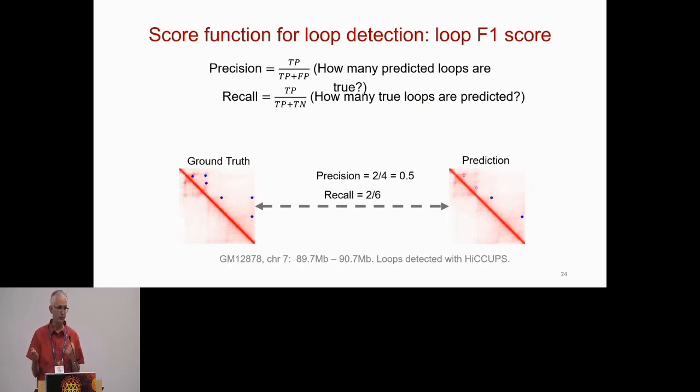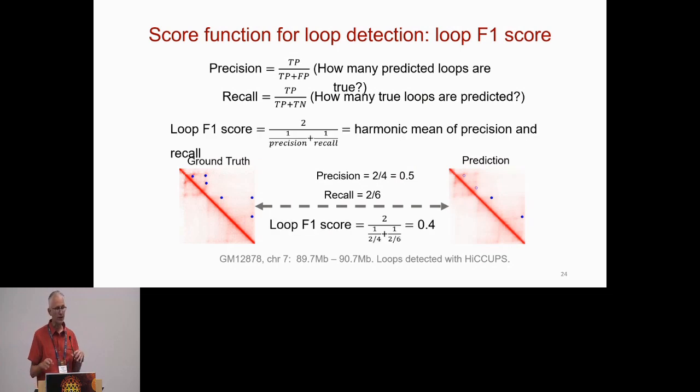As a recap, if you have a predictor, you can define the precision, which is how many of the predicted loops are true, and the recall, which is how many of the true loops are predicted. The harmonic mean of those two is the F1 score. We run the loop caller on the real, observed high-resolution data and on the enhanced data, and then compute the F1 score between them.